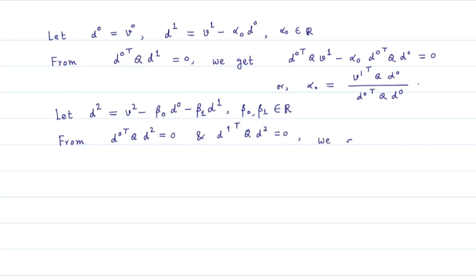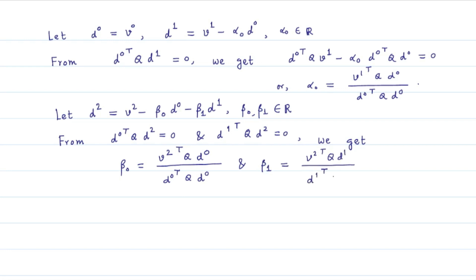These two equations yield, by a straightforward calculation, that beta0 is equal to v2 transpose Q d0 divided by d0 transpose Q d0, and the scalar beta1 is given by v2 transpose Q d1 divided by d1 transpose Q d1.